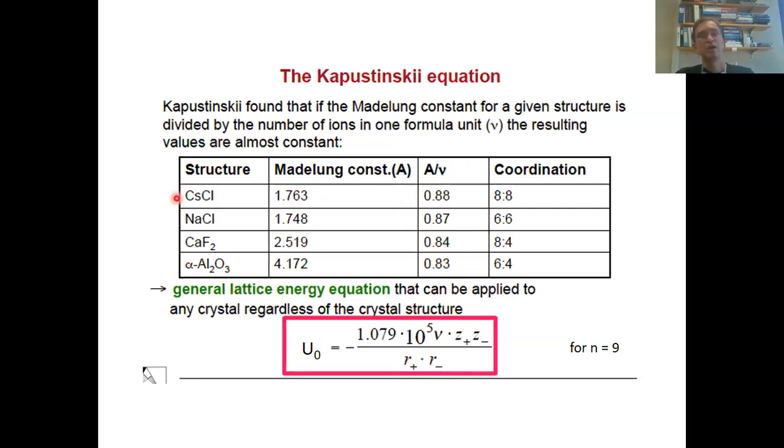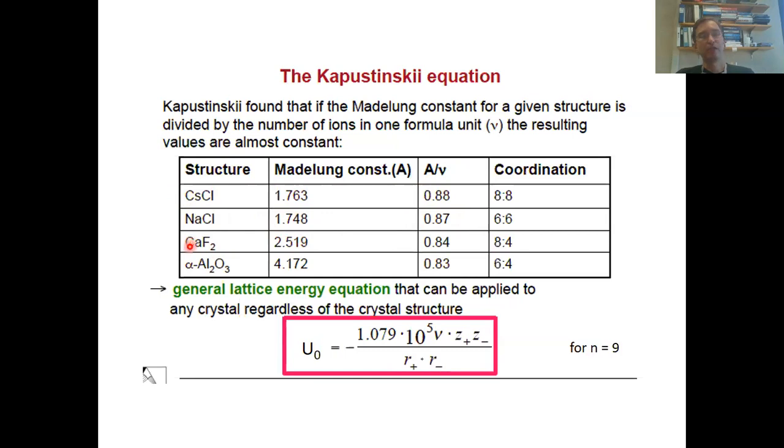He found that for cesium chloride, we would have 1.763 divided by the number of ions in the formula unit, which is 2, to give 0.88. For sodium chloride, we would get something very similar because the Madelung constant is already very similar.